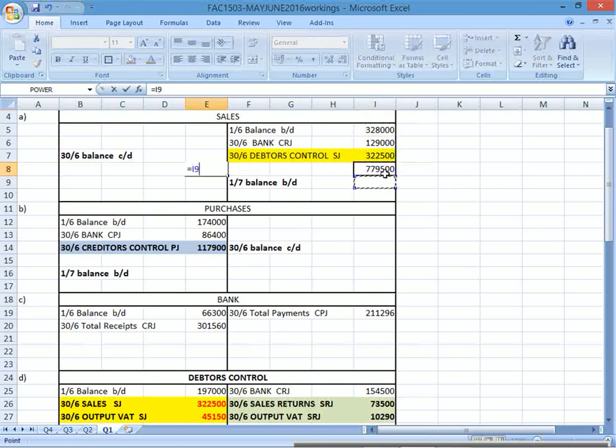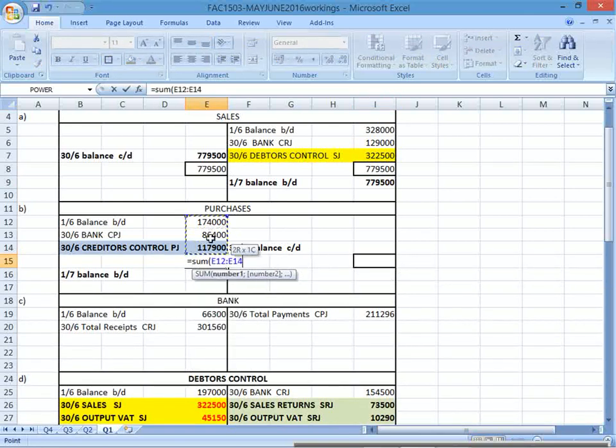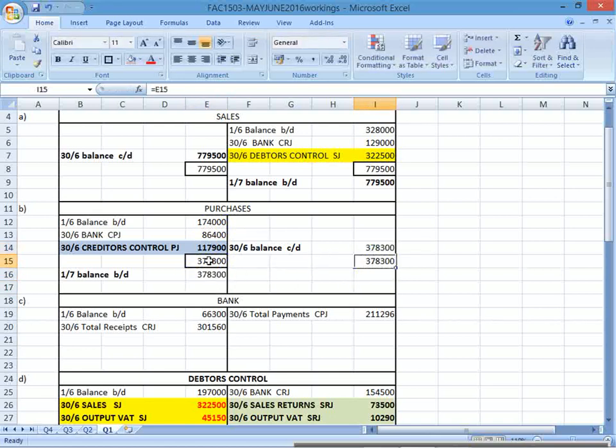The total is actually your balance. If you want to show brought down, carry down. Same thing here. Sum up all of that. The total is actually your balance.